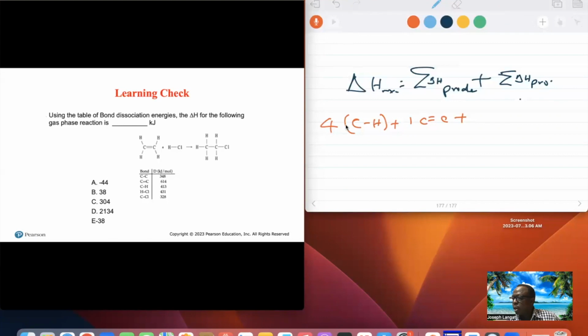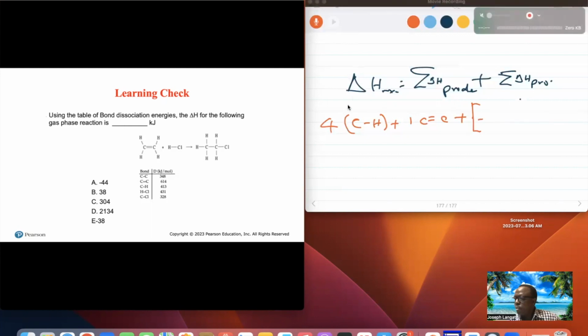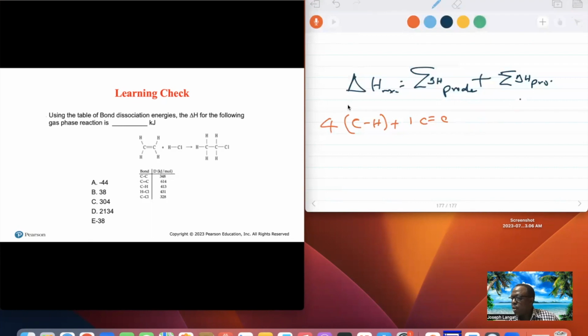Plus, no, not negative. I'm not done yet with the product. I mean, reactant. So I'm done with the first compound here. There are 4 carbon hydrogen bonds and a carbon to carbon bond. And then you account for hydrogen.